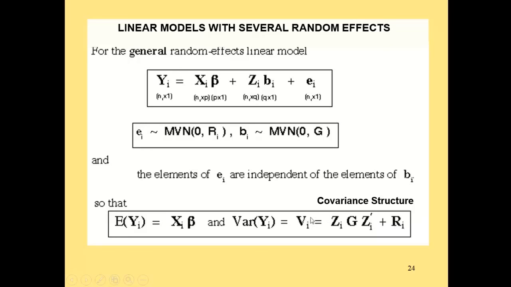So you see that Vi will end up being subject specific, and it's equal to ZGZ prime plus R. So in PROC MIXED, you don't specify the variance-covariance structure of the observations directly, even though that's what you're interested in. Okay? You define it by giving two inputs to create that Vi.